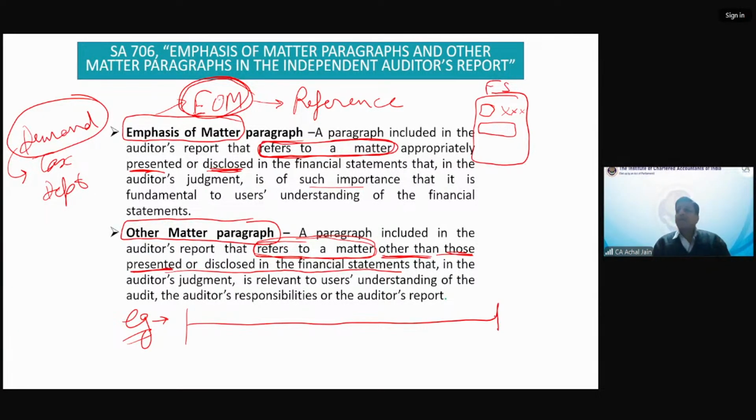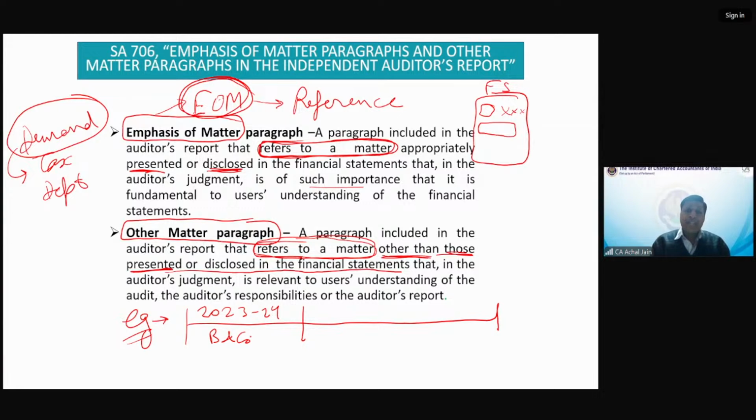Say, during the year 2023-24, audit of a company was carried out by B and company. Okay, so this was the auditor, B and company. So they did the audit of this company. Fine.